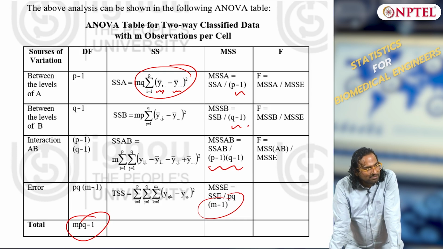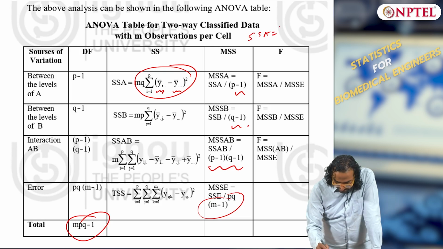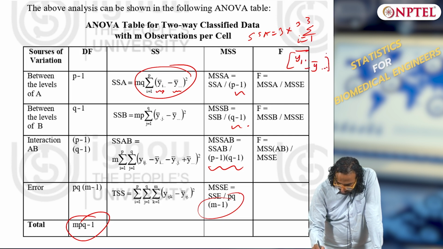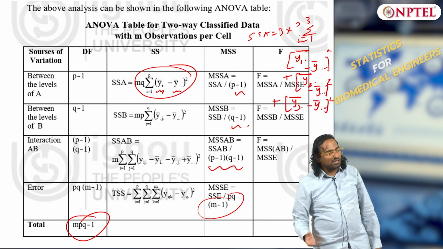How many i's are here? Only 3 i's, 3 levels of A and only 2 levels of B. So sum squared A is going to be m, which is 3 into 3, 9 times, summation i equals 1 to 3, y1 dot bar minus y bar dot the whole square plus y2 dot bar minus y bar dot the whole square plus y3 bar dot minus y bar dot the whole square. 3 rows, that is all.